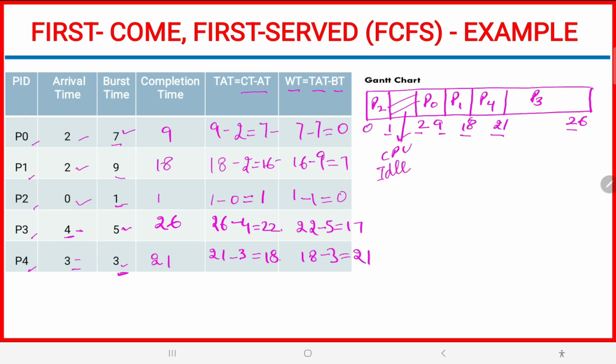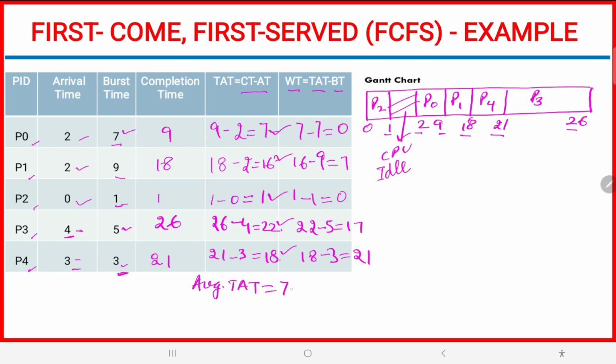The next step is to calculate the average turnaround time as well as the average waiting time. To calculate the average turnaround time, we have to add 7 plus 16 plus 1 plus 22 plus 18. If we add all these values, I believe this comes out to be 64.